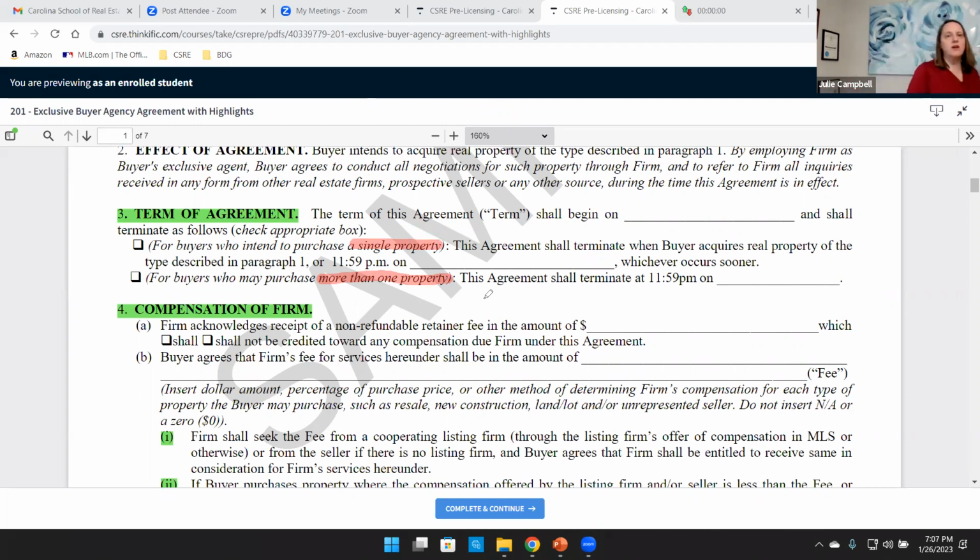So we can determine what type of relationship this is. Either one that we check, we need a definite expiration date. We need to put an actual date in here, identifying how long our relationship will last. It's going to end at 11:59 p.m. on this date.